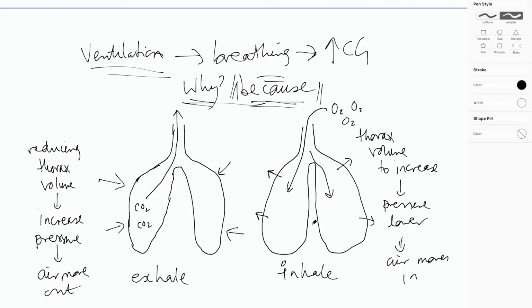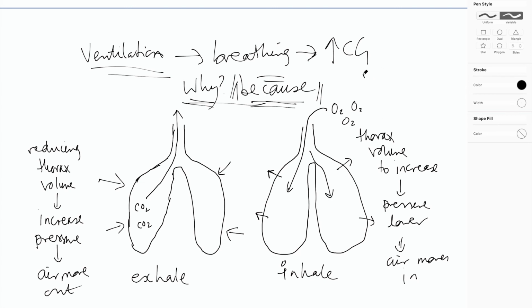So the purpose of the whole ventilation process is to make sure that the concentration of oxygen and CO2 in the alveoli is maintained, such that there's always a higher concentration of oxygen in the alveoli than in the capillary, and there's always a much lower concentration of CO2 in the alveoli than there is in the capillary, right?